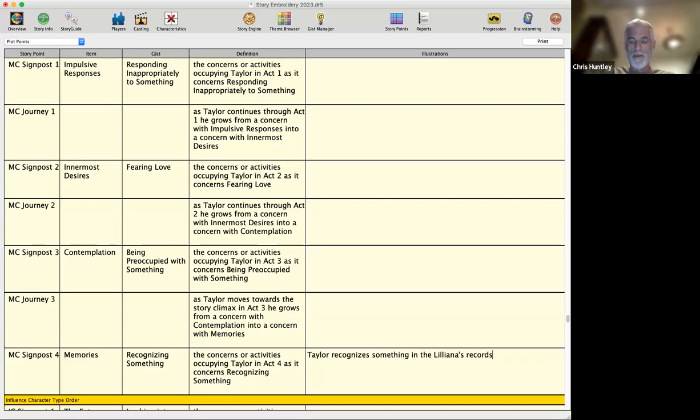Records and sees how she has perfect teeth.